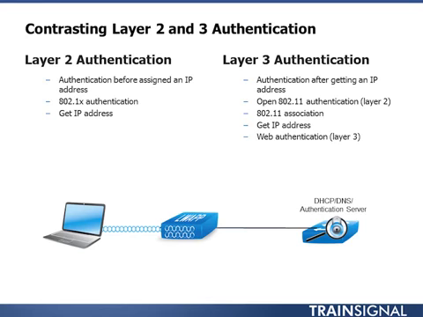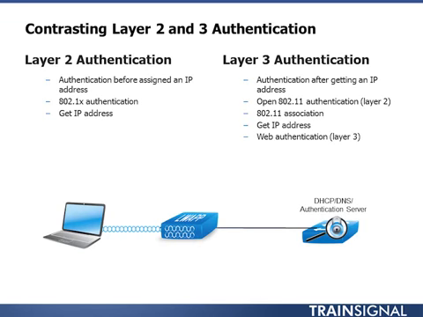And so 802.1x literally restricts access to the network and can prevent attacks, therefore, that depend on having an IP connection. Now, layer 3 authentication, you get your IP address first and then you get authenticated.